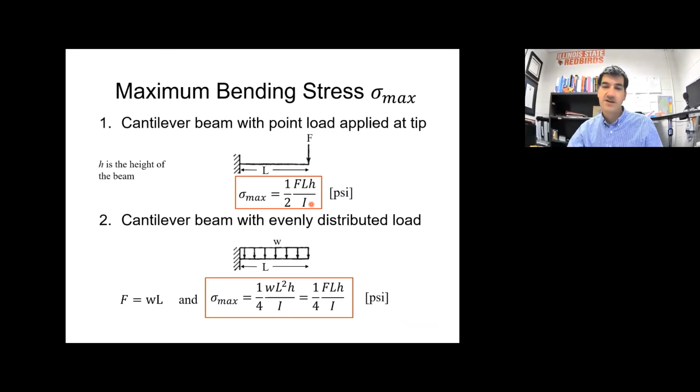Notice that there is no flexural modulus in this equation. E sub b does not occur anywhere in this equation. Therefore, these equations are valid even above the flexural yield stress. So this is kind of like in tensile testing, we could say that stress is always equal to force divided by area, right? That equation didn't change if we were above the yield stress.